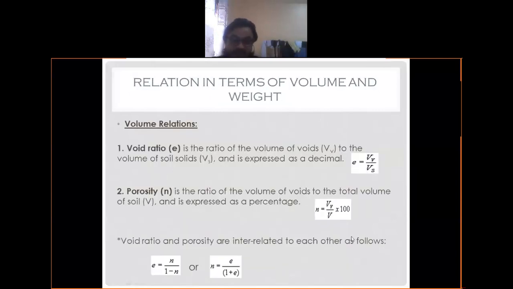So I think void ratio and porosity are clear to you.